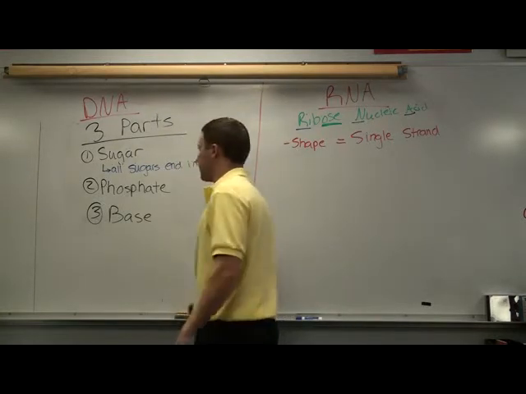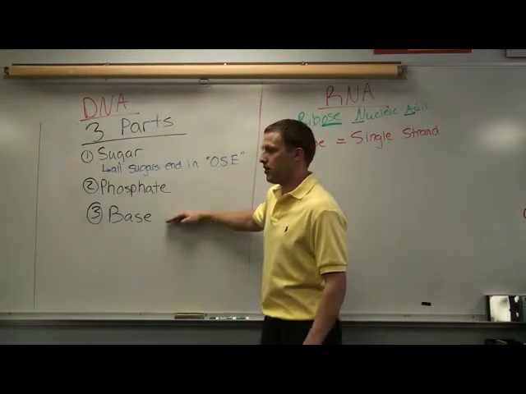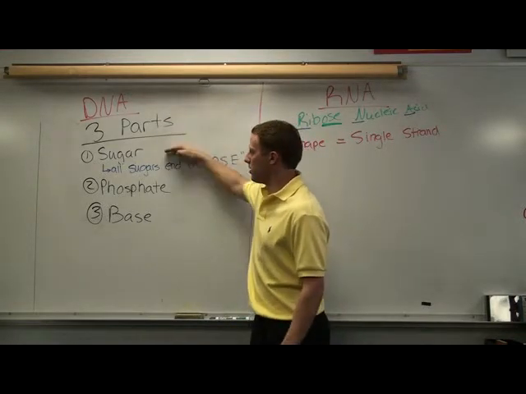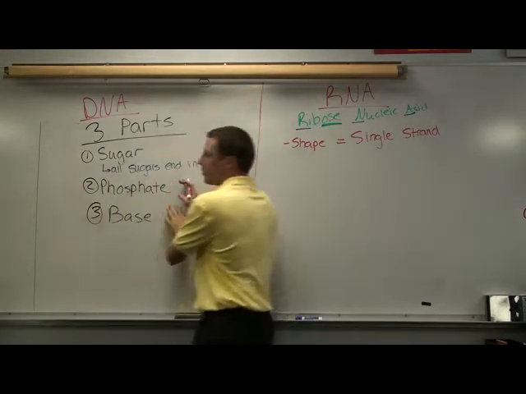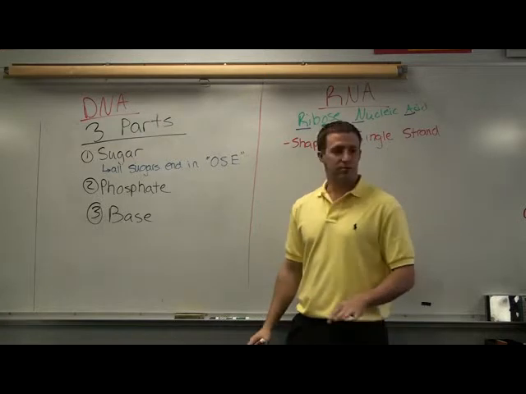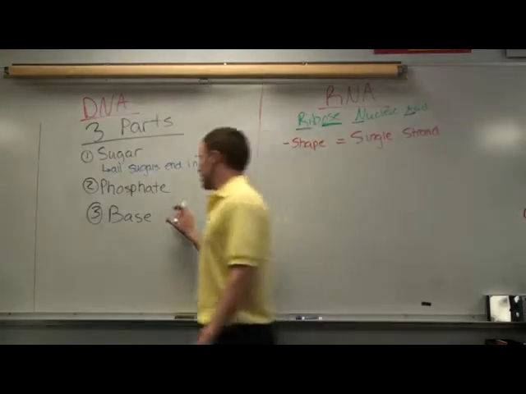Now, I'm going to erase this again just so I have some room. Now, the phosphate. What's the three parts of DNA? Sugar, phosphate, and a base. Awesome. Now, there's nothing we really need to know too much about phosphate, other than it's part of DNA. The next thing is the bases.